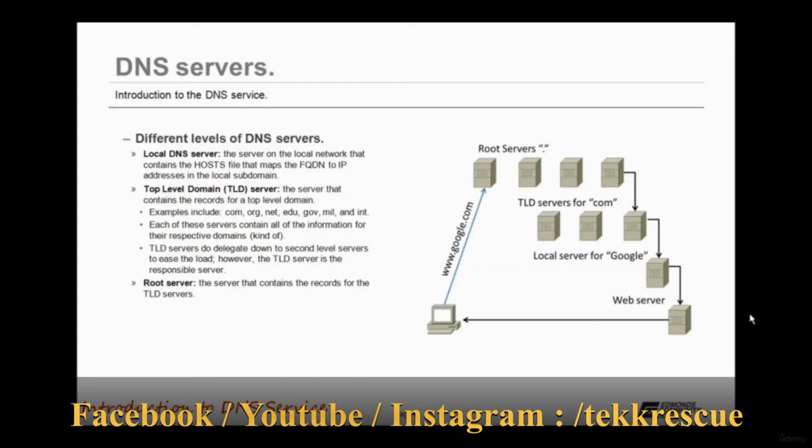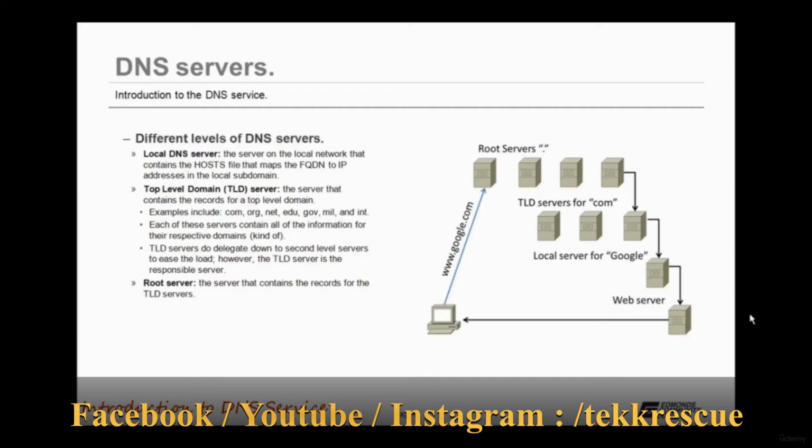Now, each of these servers contains all of their information for their respective domains, kind of. And what do I mean by kind of? Well, the TLD servers do delegate down to second-level servers their information. They do that to ease the load so that the TLD server is not overloaded.